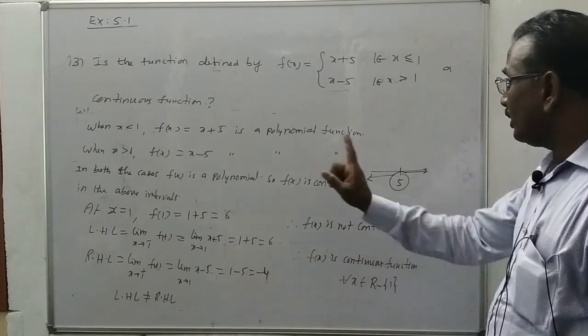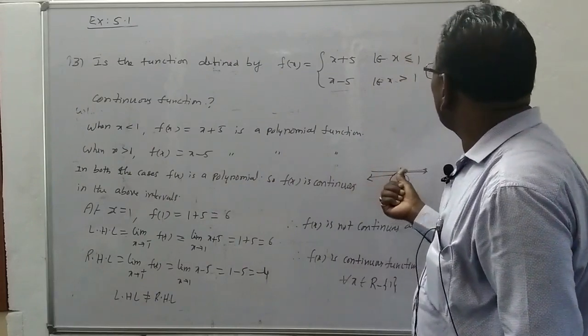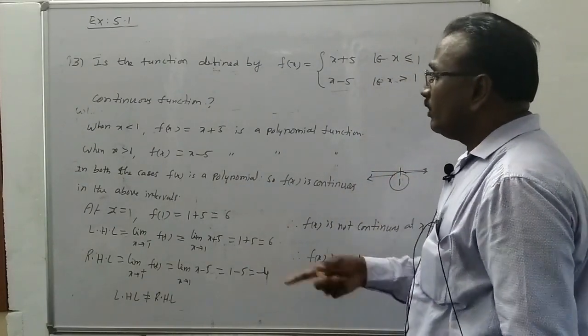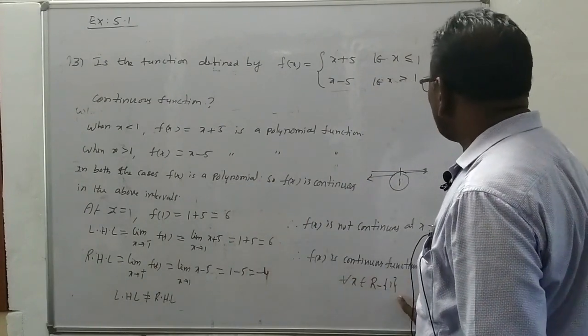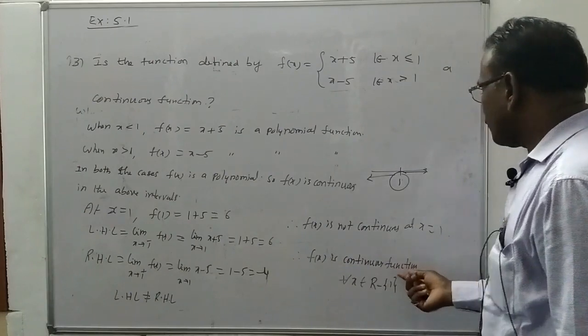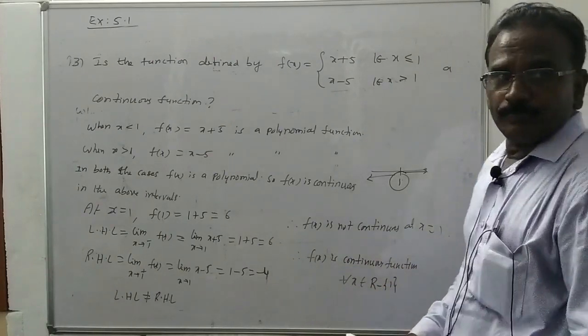Take any real number less than 1 or greater than 1, f of x is continuous. At x equal to 1 the function is discontinuous. So f of x is a continuous function for all x belonging to R minus 1. So these are the problems. Thank you.